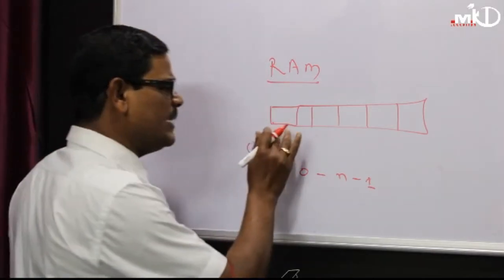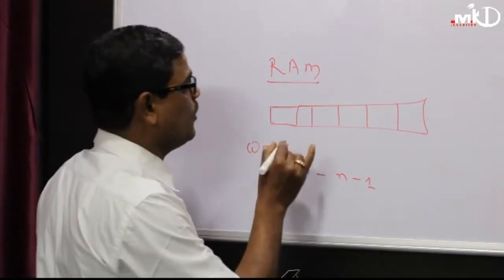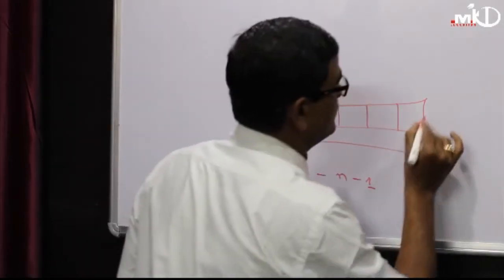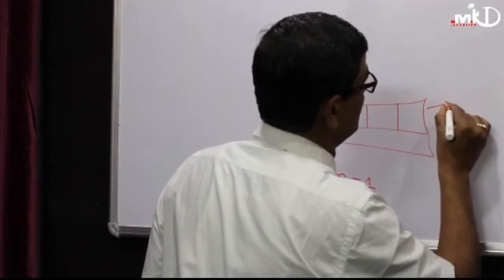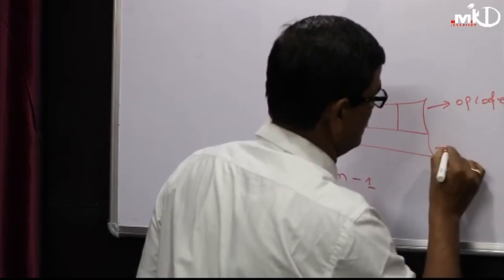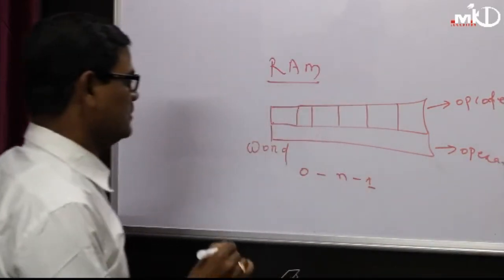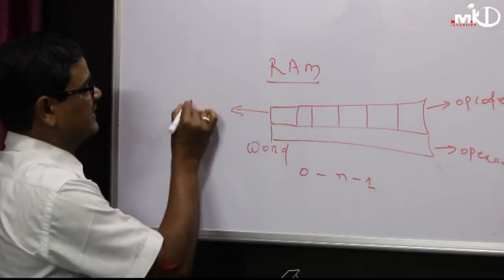Every address has an opcode and an operand, or a value or address.